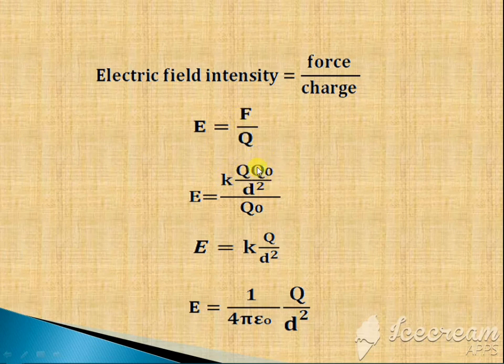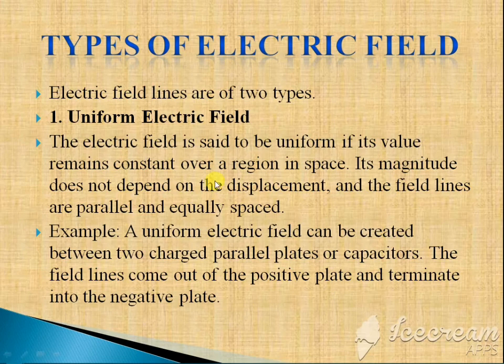These are the charges Q and Q0, where E is equal to K, Q0 and Q0 will be cancelled, and we have remaining Q upon D squared. Now, E is equal to 1 upon 4 pi epsilon naught Q upon D squared, where 1 upon 4 pi epsilon naught is the value of K.